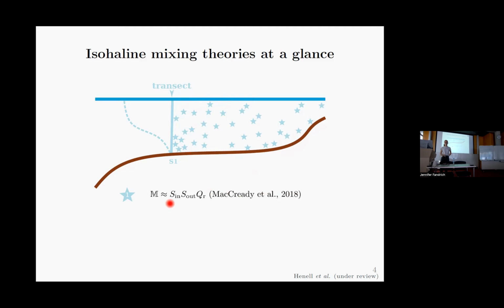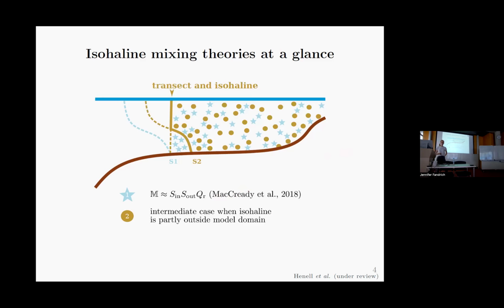So here we have the salinity of the inflowing water mass, the salinity of the outgoing water mass, and the river discharge QR. In our model studies, we often have a case in between, where the isohalines can start stretching outside our model domain.